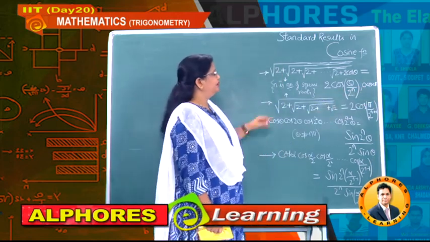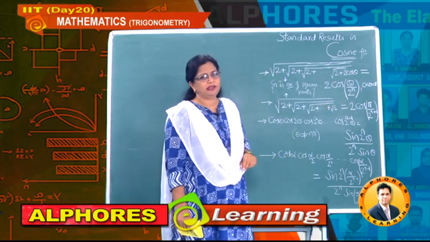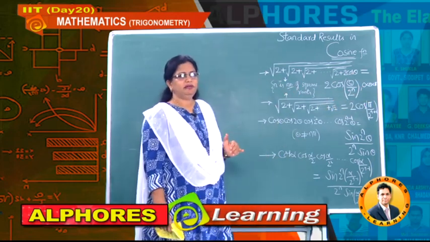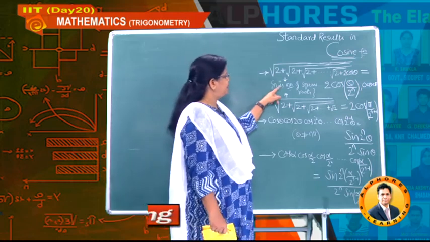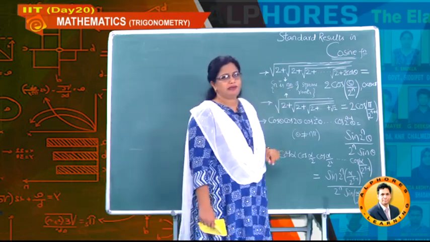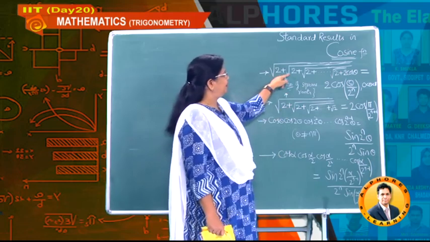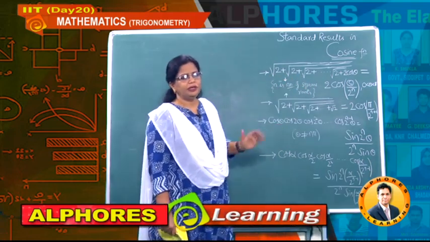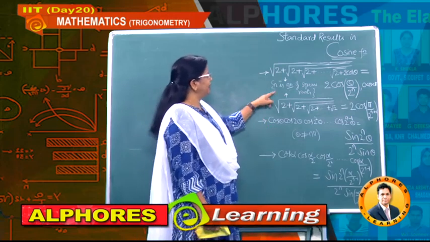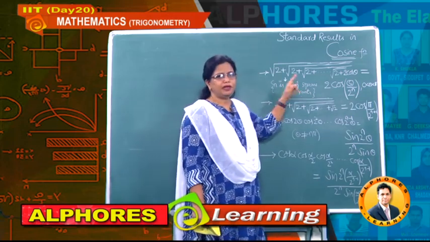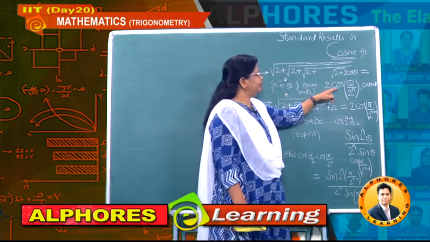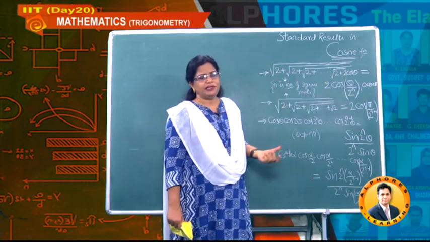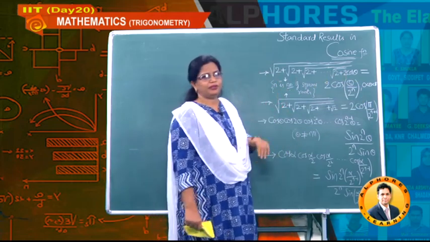Let us generalize the formula up to n number of square roots. Yesterday we did 3 square roots, now n is the number of square roots. Understand, root here, root here, root here, like that. How many such square roots are there? N number are there. And theta is given, and that theta must be an obtuse angle or acute angle, but not more than pi.